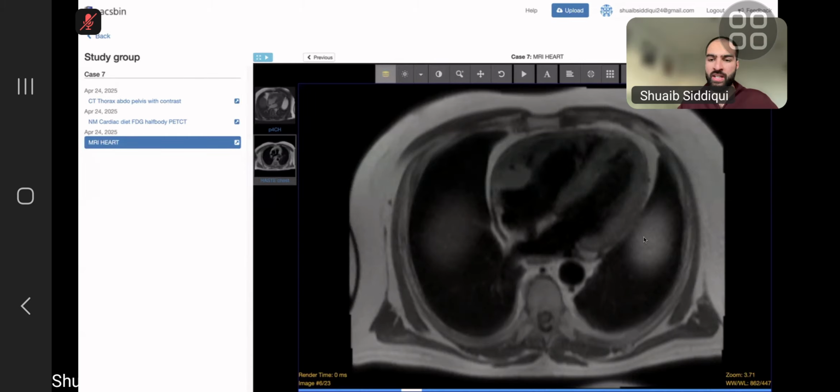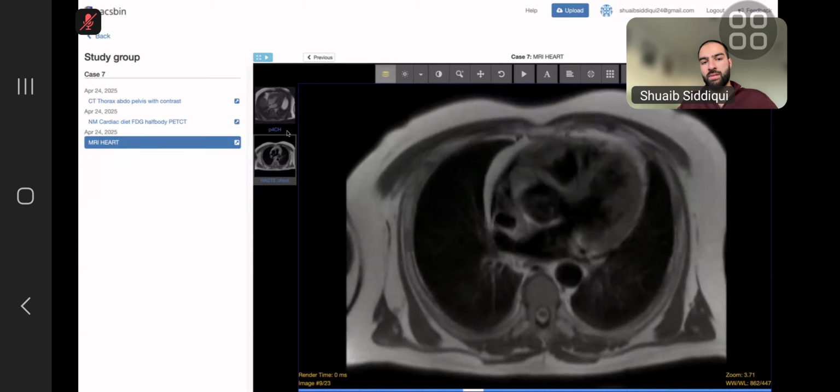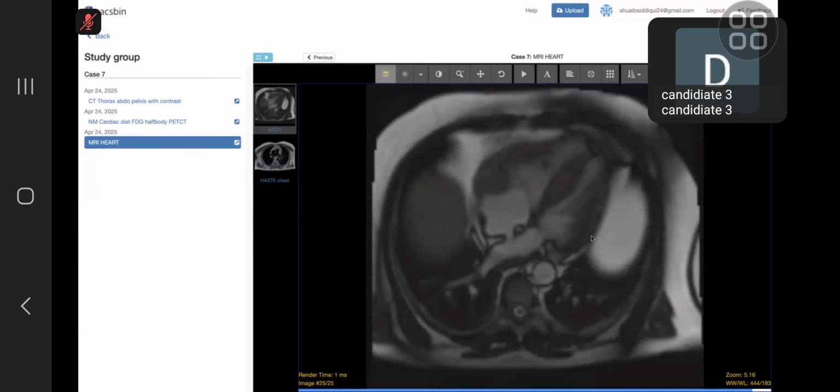If I tell you the interventricular septum is normal, is there anything else you can think of? So it's a hypertrophy. I think the wall of both ventricles is slightly increased in size, and the cavity of both ventricles decreased.